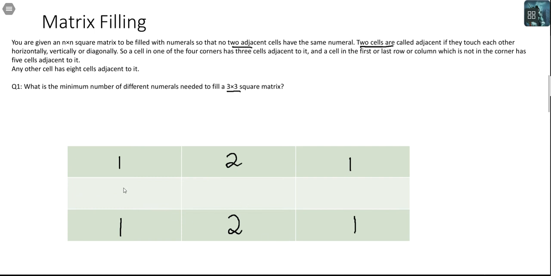Wonderful. If I put 3 here, a different number, can I put 3 anywhere else? I can put 3 here. And now this is the last cell. It cannot be 1, 2, or 3 because all 3 of them are adjacent to it. But this number can be 4. So the minimum number of different numerals needed to fill a 3 by 3 square matrix is 4.